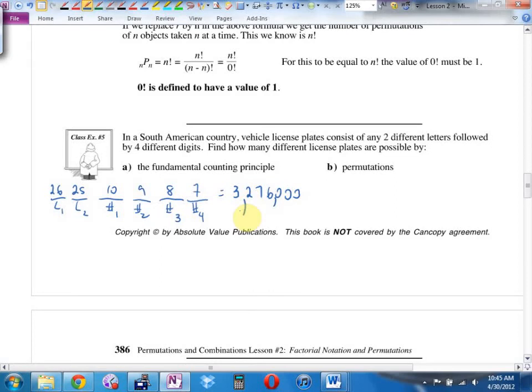So you could also have done this with permutations. You could have said from 26 letters, permutate 2 of them, times from 10 numbers, permutate 4 of them. Type that into your calculator. What do you get?